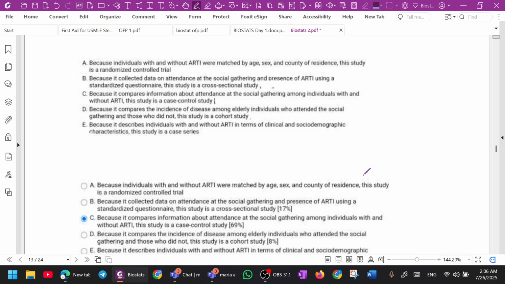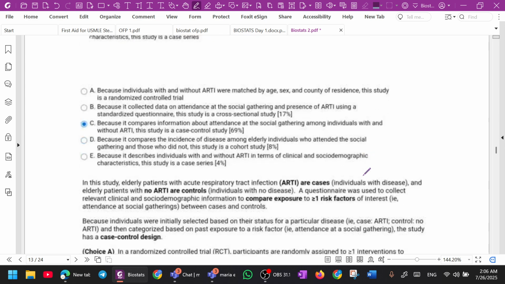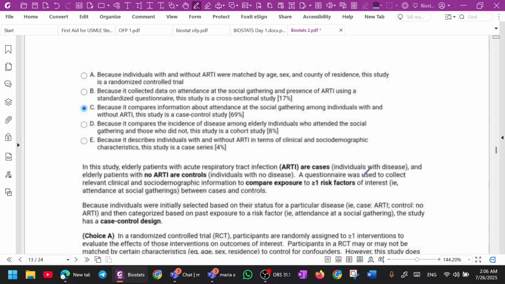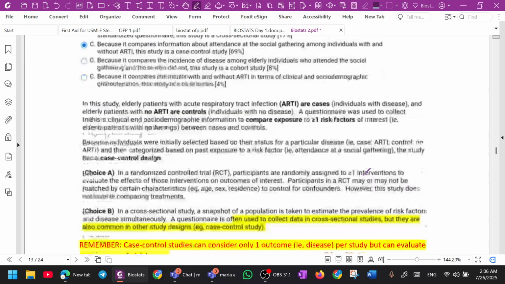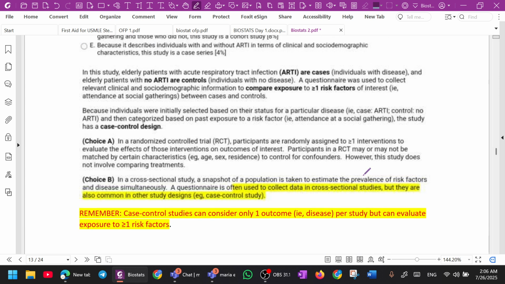Okay, let's see. Case control study. It is the case control study. So read the explanation, but you also have to read A and B because we were confused about it. In this study, elderly patients with acute respiratory tract infection are the cases, individuals with disease. An elderly patient with no acute respiratory tract infection is the control, individuals with no disease.